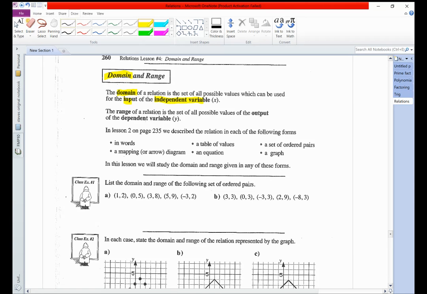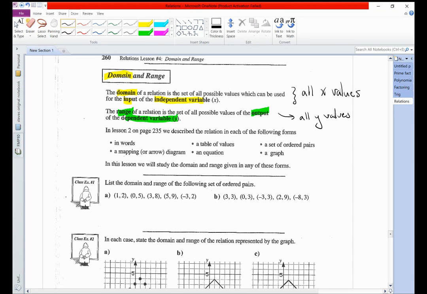So the domain is all x values. The range is all possible output values or all possible y values. All y values in a relation.